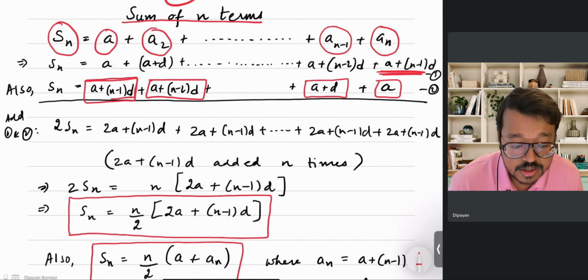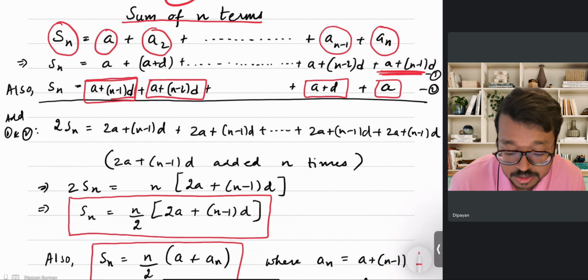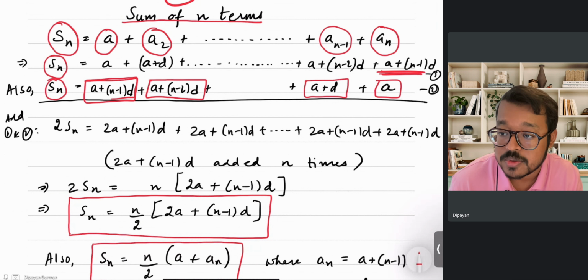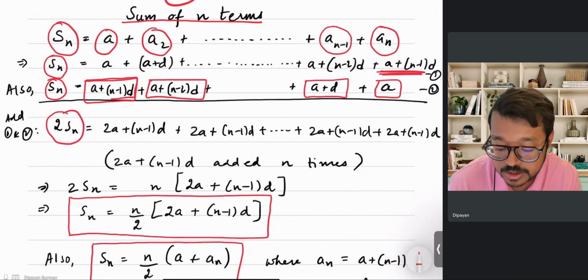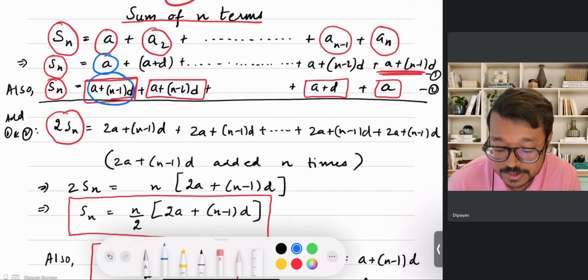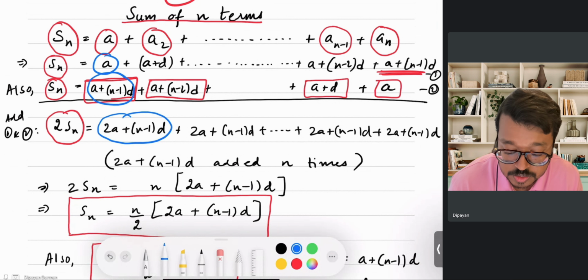Now if I add the first equation and the second equation, I will get the sum of n terms plus the sum of n terms, which is 2 times the sum of n terms. That is equal to, I will get a plus a plus n minus 1 into d, which is 2a plus n minus 1 into d.